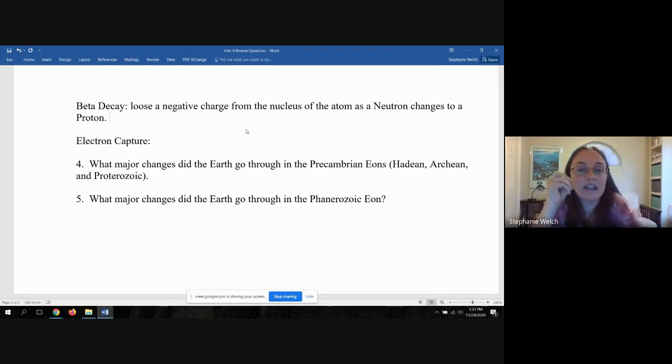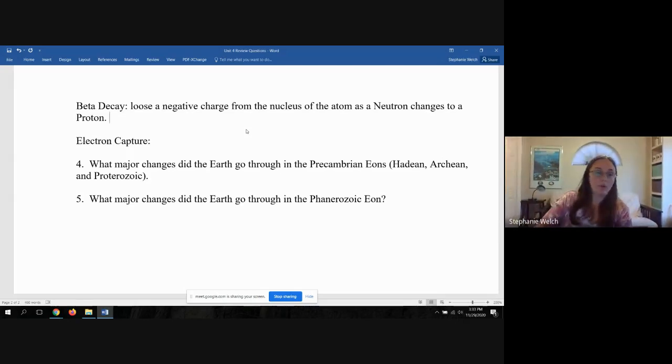Now, the things that are going to compose the mass of an atom are the neutrons plus the protons. Because you're changing one into the other, you haven't actually changed the mass. You can have 99 neutrons and one proton, or you can have 99 protons and one neutron, and the mass would still be 100.